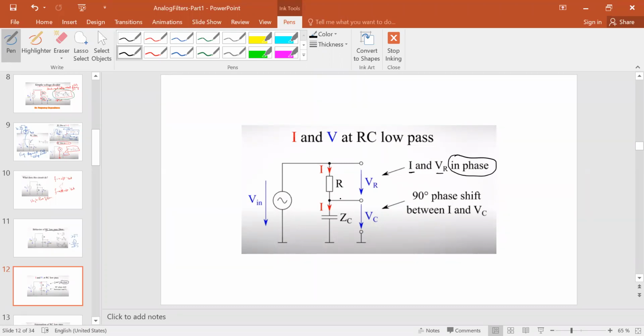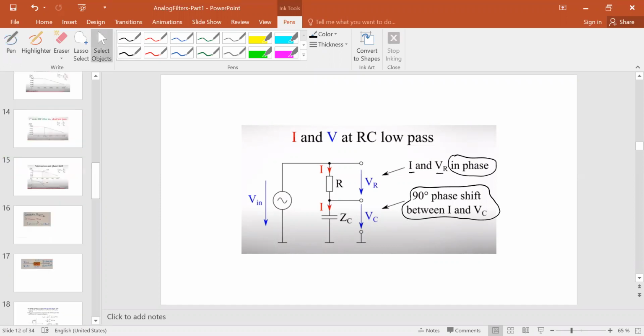But when the current passes through the capacitor, and if we measure the voltage across the capacitor, we will see a 90-degree phase shift between I and VC. So I is the current that passes through the capacitor, and VC is the voltage across the capacitor. So there is a 90-degree phase shift between I and VC. However, the current that passes through the resistance and the voltage across the resistance are in phase. Okay.